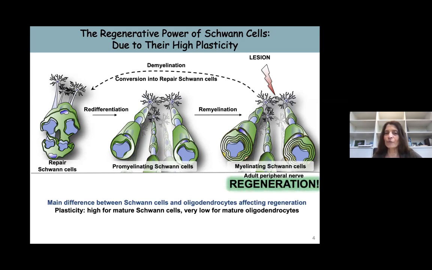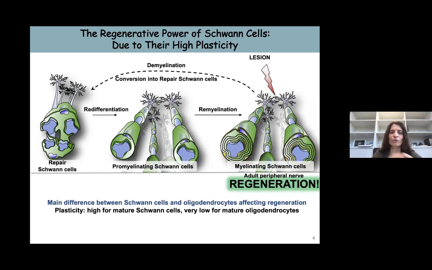So we can have almost full regeneration in the peripheral nervous system due to this high plasticity of Schwann cells. But in contrast, oligodendrocytes, in case of a lesion in the CNS, cannot do this reaction. They do not demyelinate at all. They actually continue to try to myelinate the damaged axons, or they die. In any case, their myelin is not removed, and it contains several growth inhibitory factors for axons.